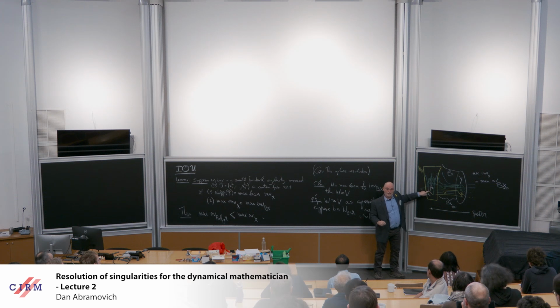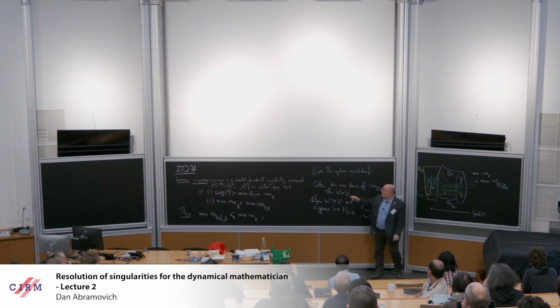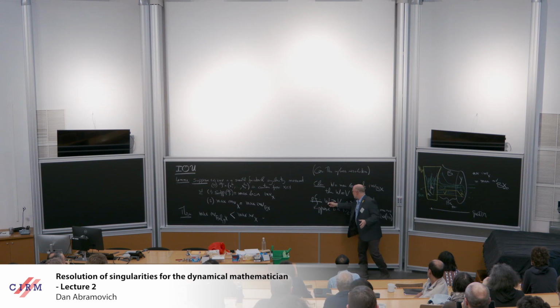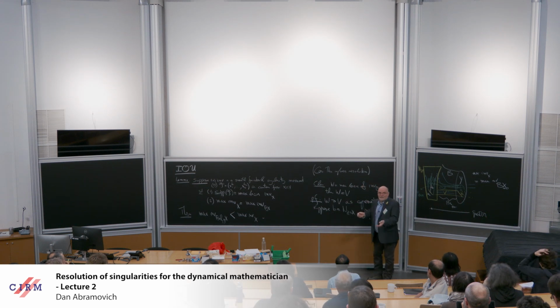So if B is not already in V, this means that I have another component of W passing through B0. But I assume that it's a smooth invariant. The maximum locus is smooth. Okay? So W contains V as a component. Smoothness means that it has to be a connected component.